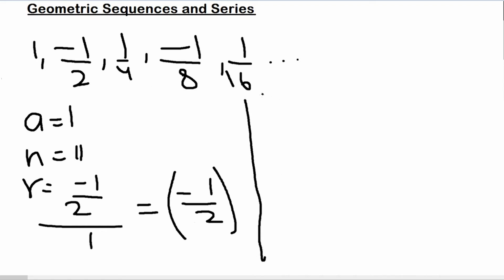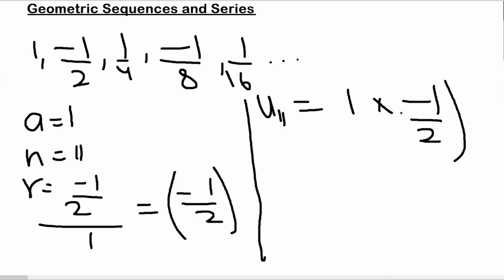Now let's find the 11th term. The 11th term is 1 times negative 1 over 2 to the power of 10.